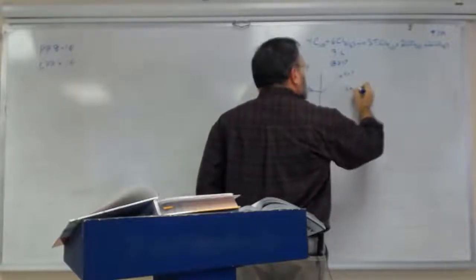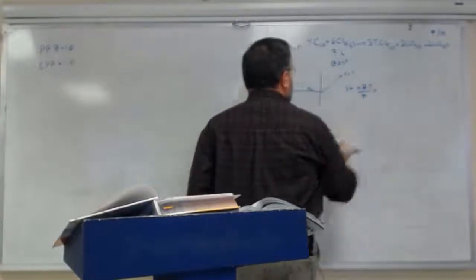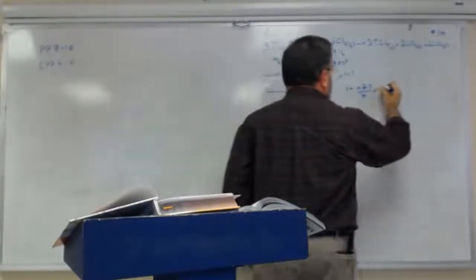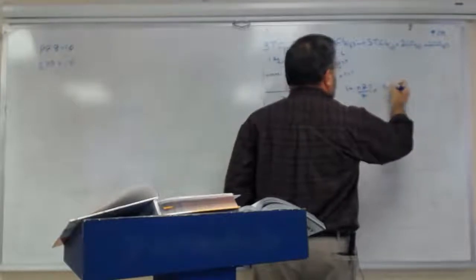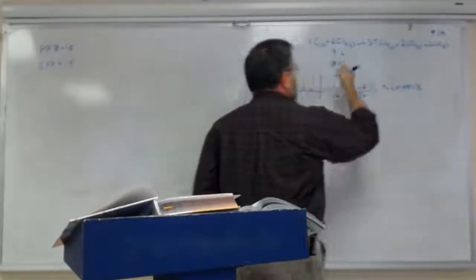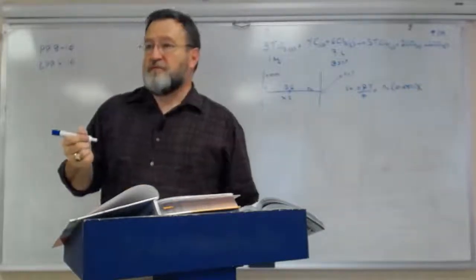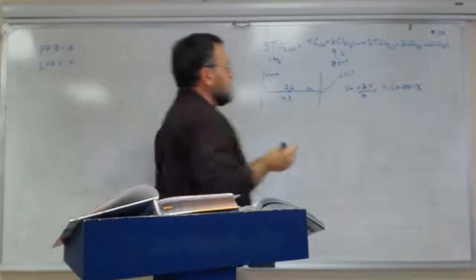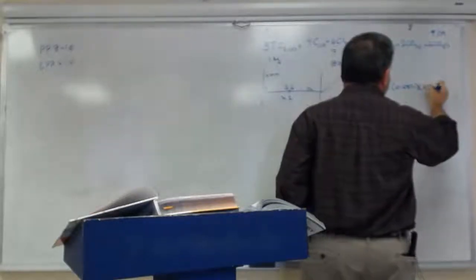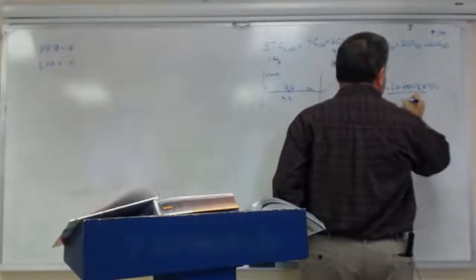Volume is nRT over P. The N is going to be my N2. R is 0.0821. T is going to be standard temperature. It's 273, right? Pressure.